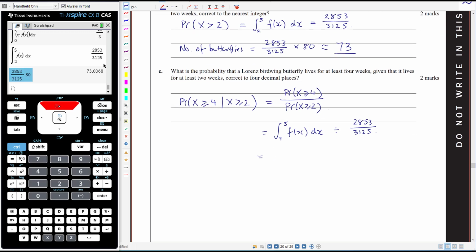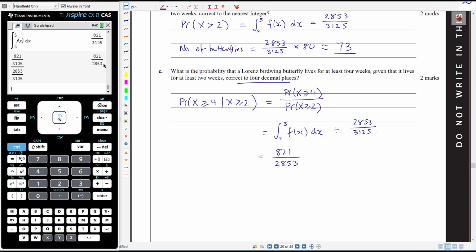Okay, so just going to edit this integral we did up here. So integral from 4 to 5, is that. So we want that answer divided by this answer, which is 821 on 2853.